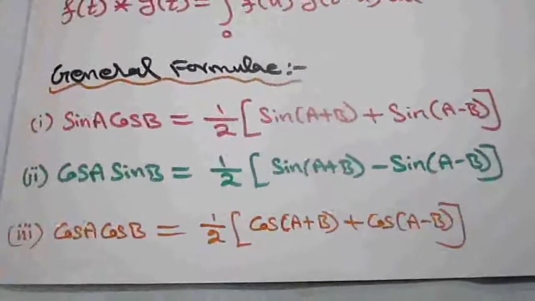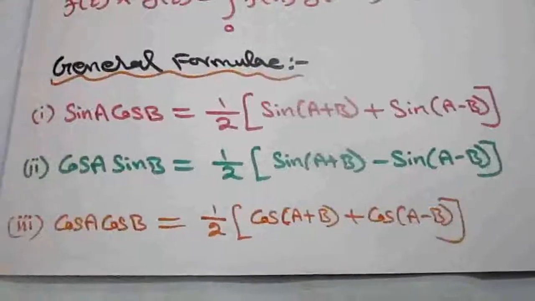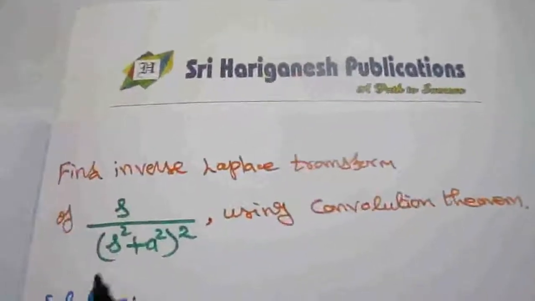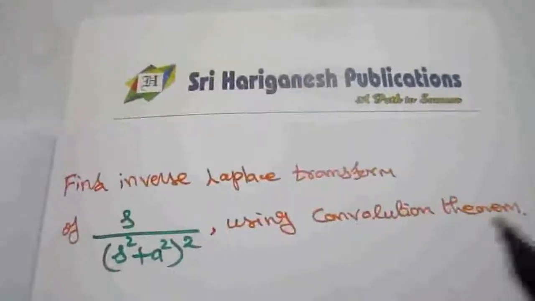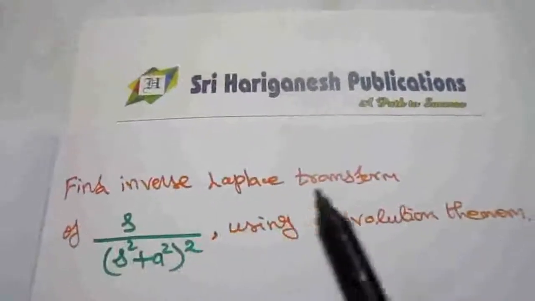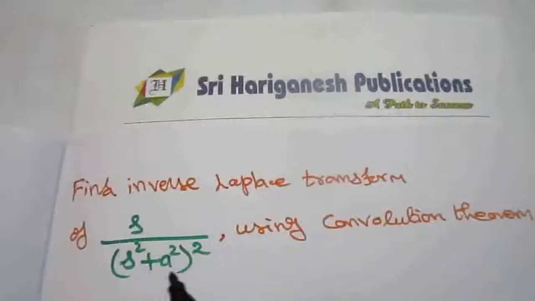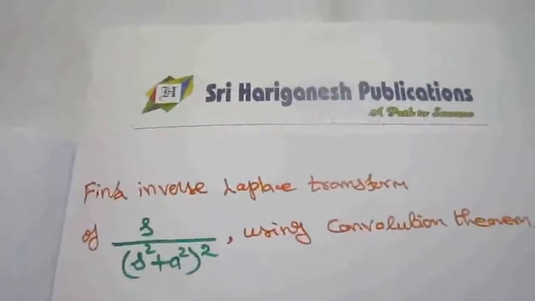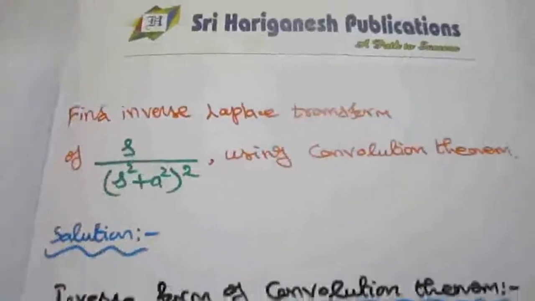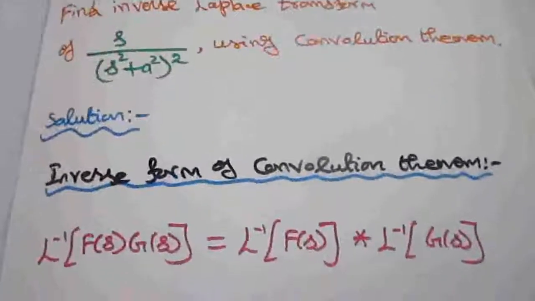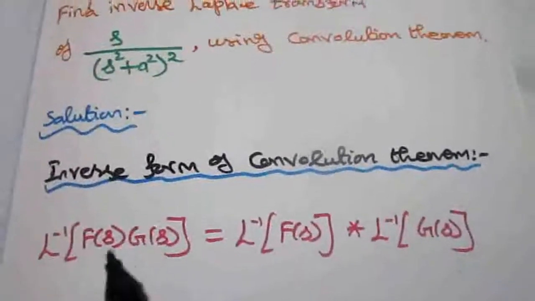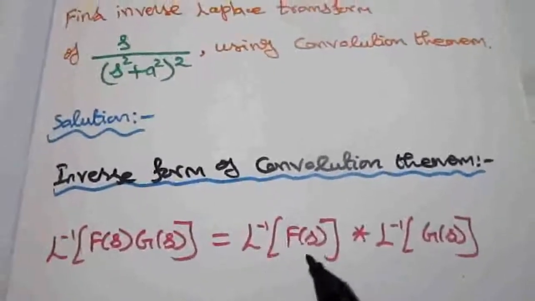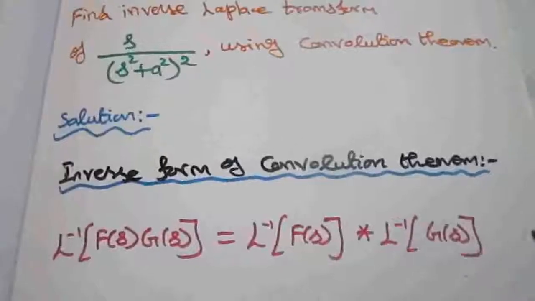So now we will solve some problems based on the convolution theorem. Find the inverse Laplace transform of s by (s square plus a square) the whole square using the convolution theorem. The inverse form of the convolution theorem: L inverse of F(s) into G(s) is equal to L inverse of F(s) star L inverse of G(s).